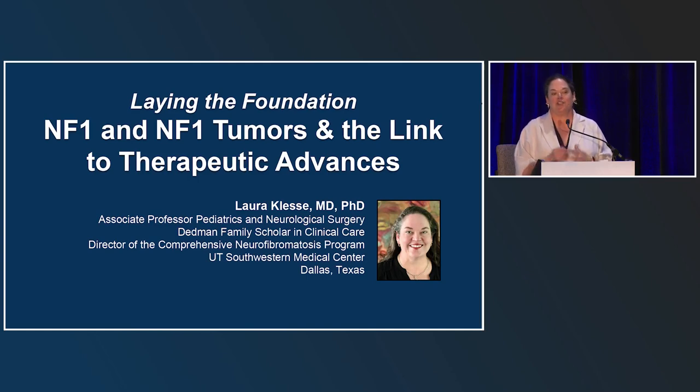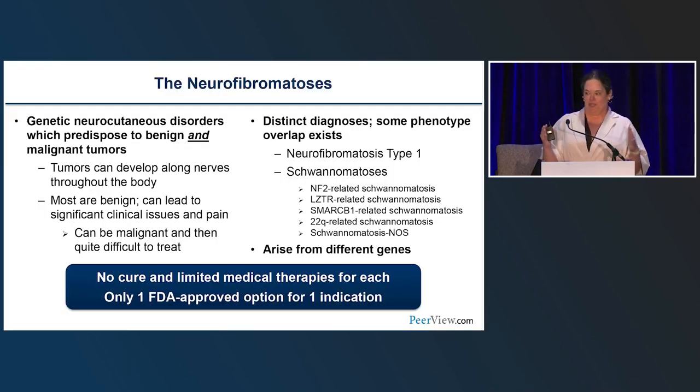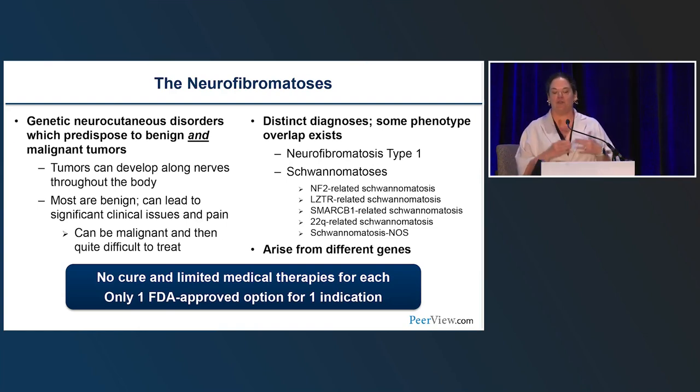So I'm just going to start with a very quick background. Over the past couple years, there have been some diagnostic criteria changes and some naming differences. All NF is now referred to as the Neurofibromatoses, and this breaks down into NF1, which you can see up here, and then the schwannomatoses.